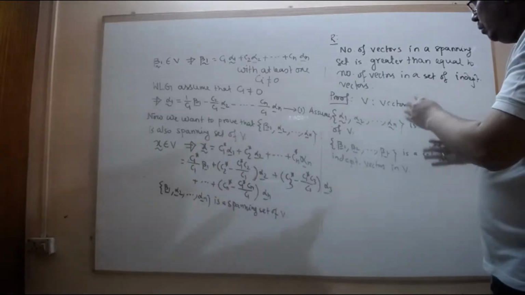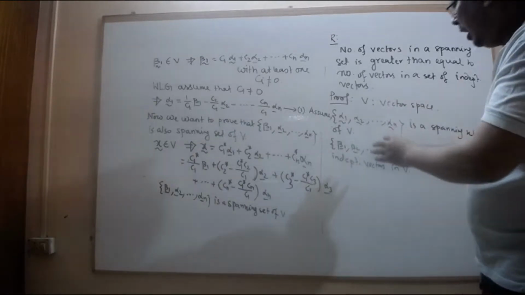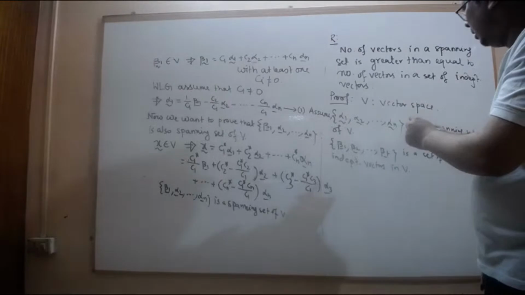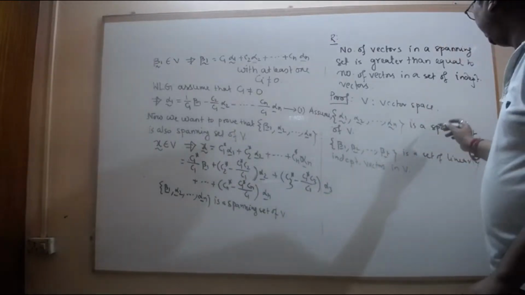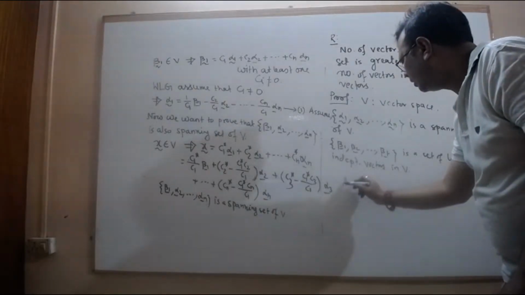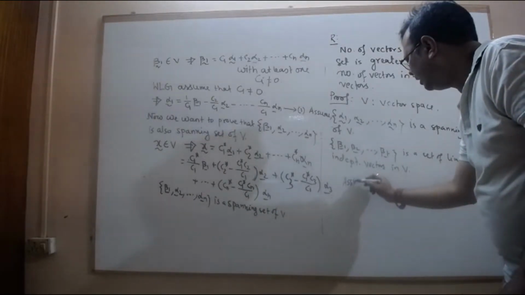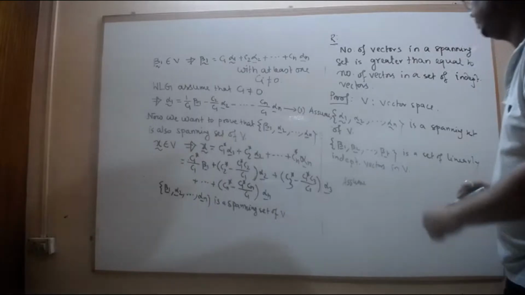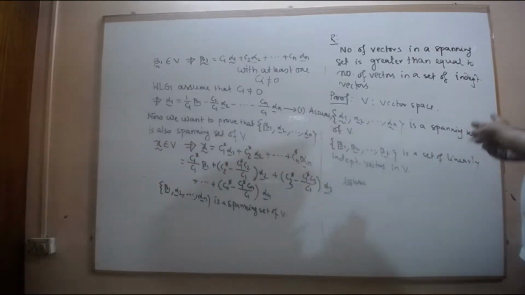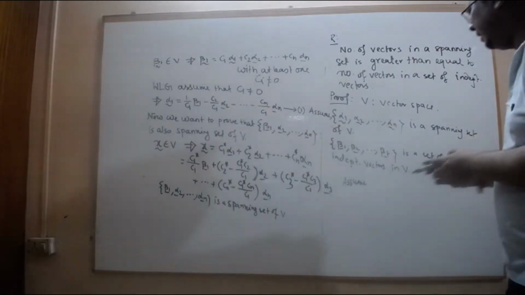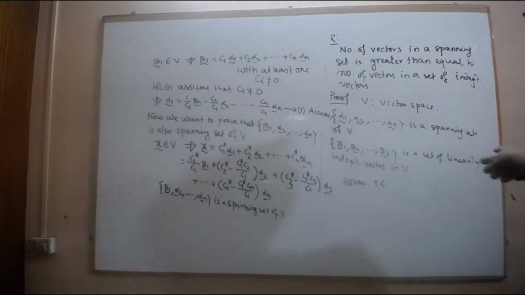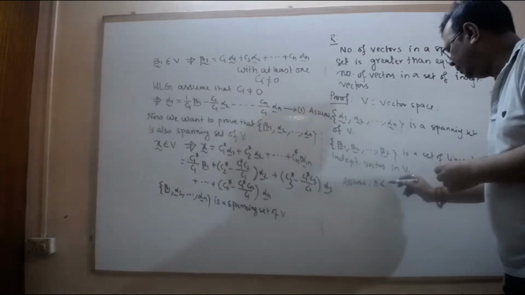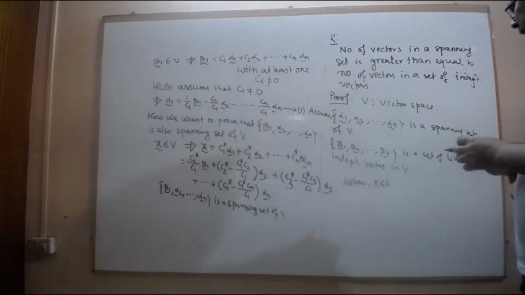Here I want to mention this thing because I forgot to mention it. So I assume the result is not true. That means the number of vectors in a spanning set is less than the number of vectors in a linearly independent set.